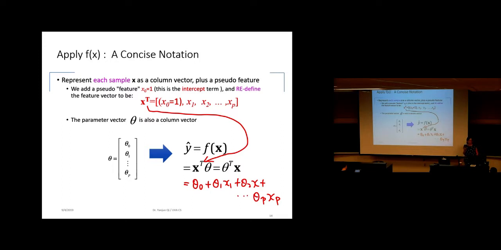If you perform this through the library NumPy, which uses an underlying library called BLAS, this operation is a lot faster compared to doing a for loop with i from 1 to p, performing this multiplication, then plus theta 0.